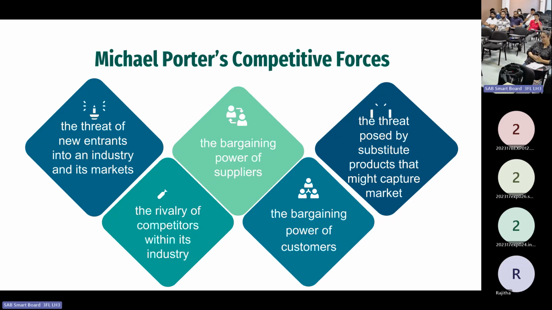What's going to happen? It's a threat. Now we are offering this accounting degree, or maybe the business analytics degree. So let's say in front of us, a new institute is coming and offering the business analytics degree. Then definitely it's a threat for us, because it is hard for students to cross over to this side, and they may think it's easy to go to that side.